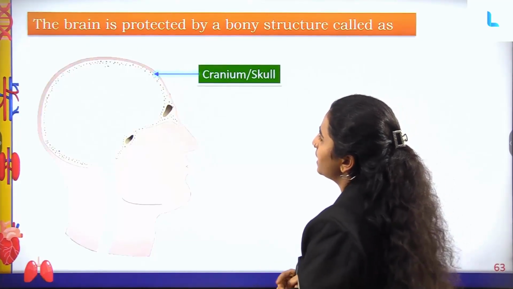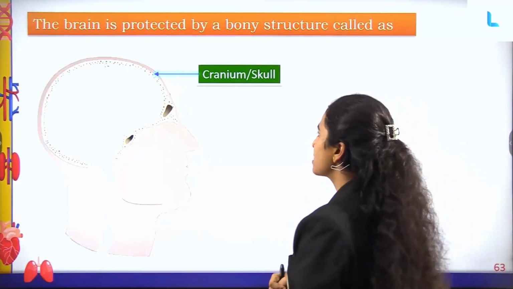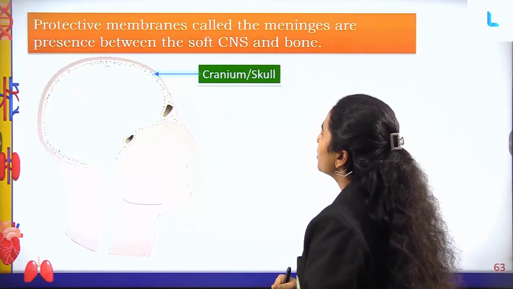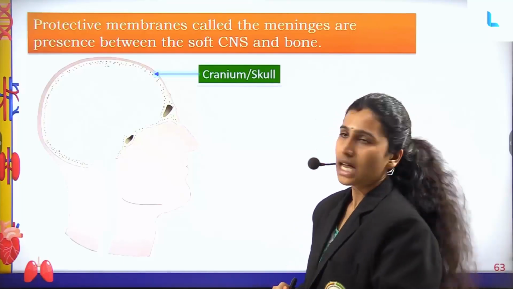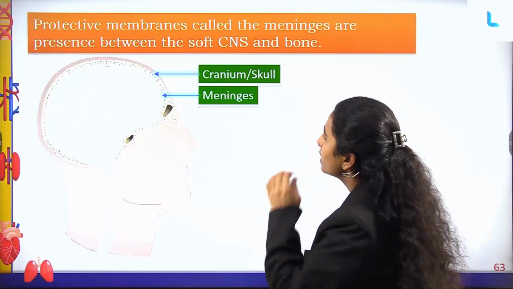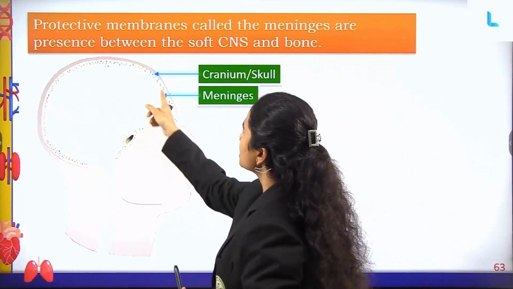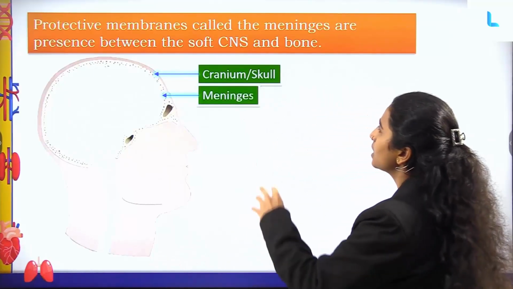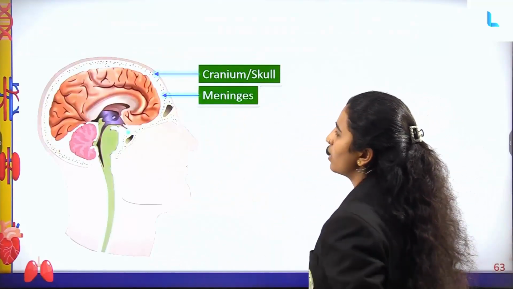So the brain is made up of the external structure, primarily the cranium, which is the skull. A protective membrane called the meninges is present between the soft CNS and the bone.